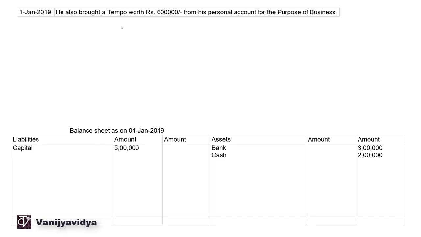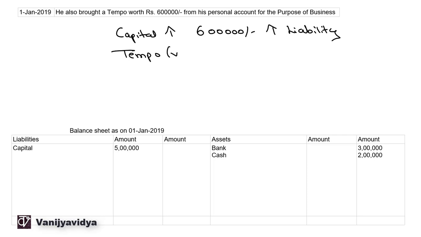So what has happened here? Capital has increased since he has invested rupees 6 lakhs in an asset. That is an increase in liability, and your tempo is an additional asset, vehicle. It's an increase of 6 lakhs. Now let's see the impact of this transaction on the balance sheet.